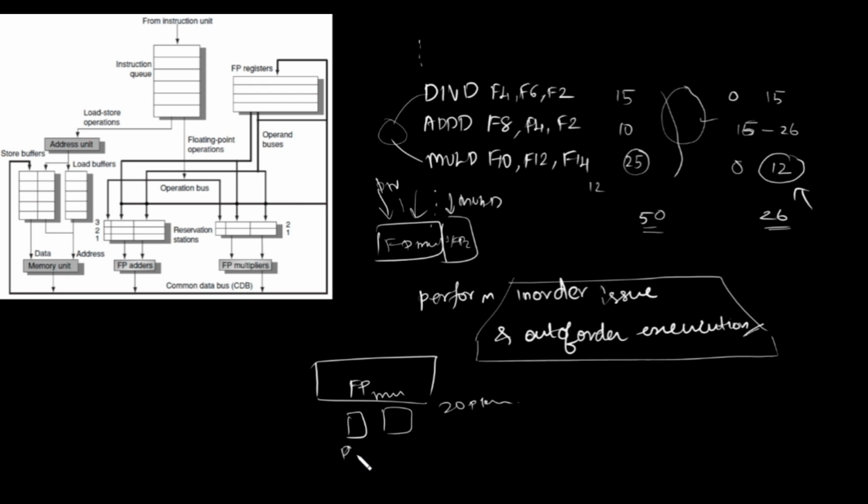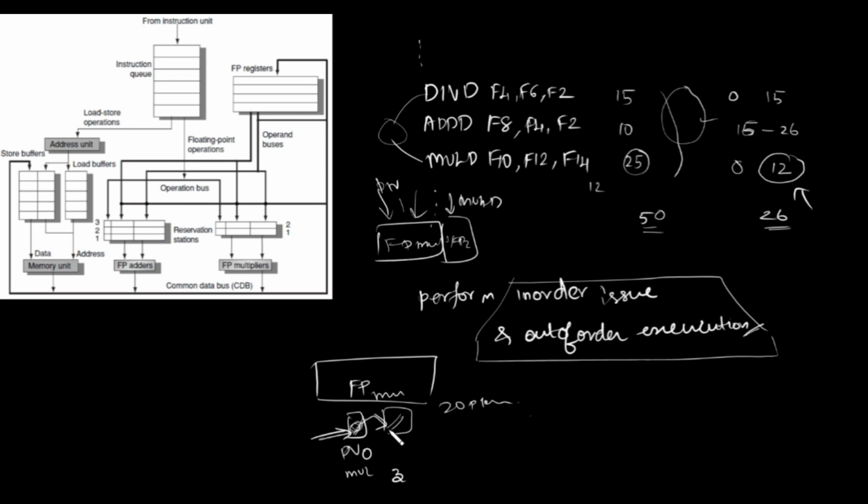Our division will be scheduled at the 0th clock cycle, and multiplication will get scheduled at the 3rd clock cycle. So in the 20 stages, our division will occupy this slot, and then move to this slot. Meanwhile, the multiplication operation can move to this slot.